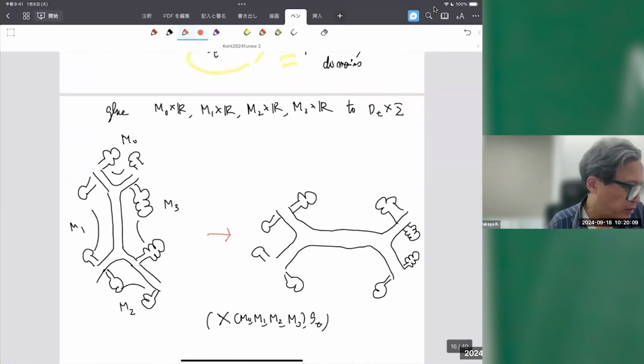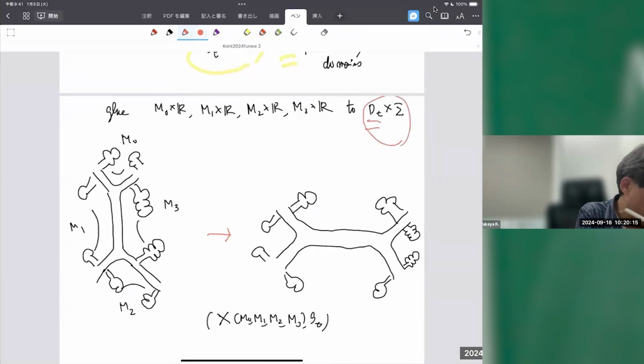We first multiply this with sigma, so it is this interior. Then it has four boundary components. So we grew M0 cross R, M1 cross R, M2 cross R, M3 cross R to each of these boundary components.